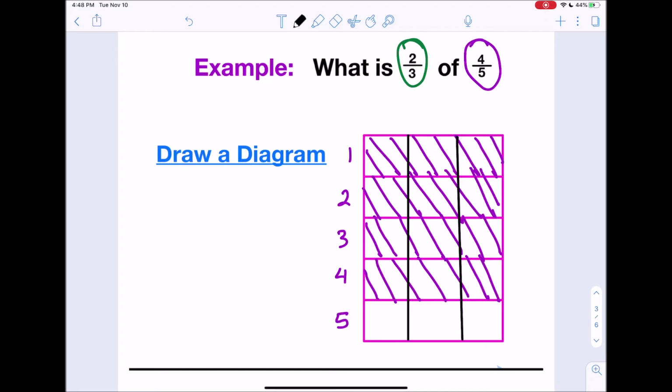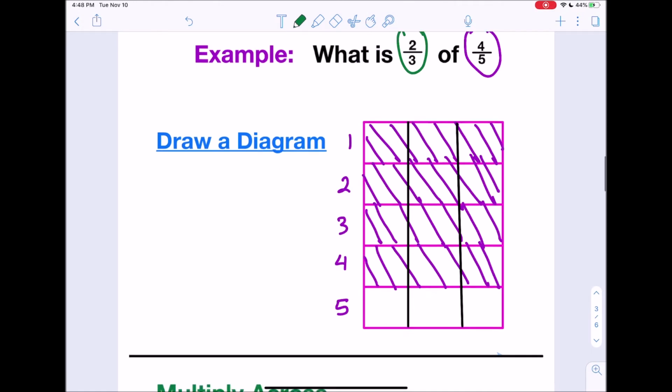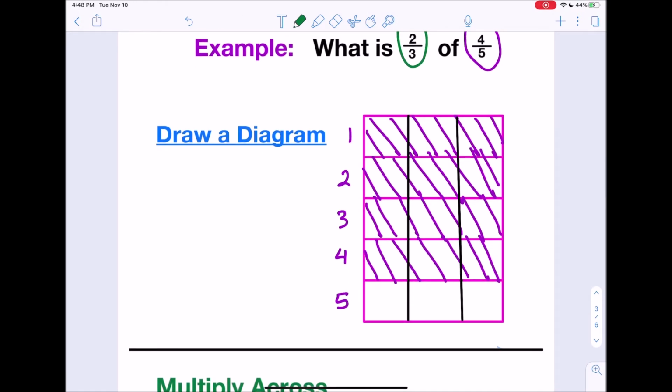I've now divided my rectangle into thirds. 2 out of 3 are colored in, so I'm going to choose my second color, and color in 2 out of 3 of them. And remember, here's my 3 parts, 1, 2, 3. So I'm going to color in the first 2.